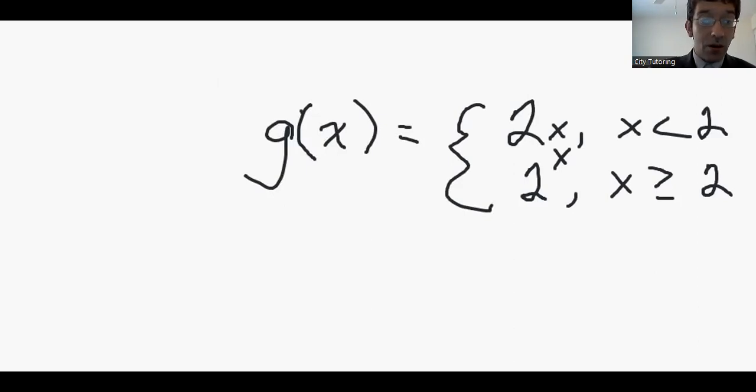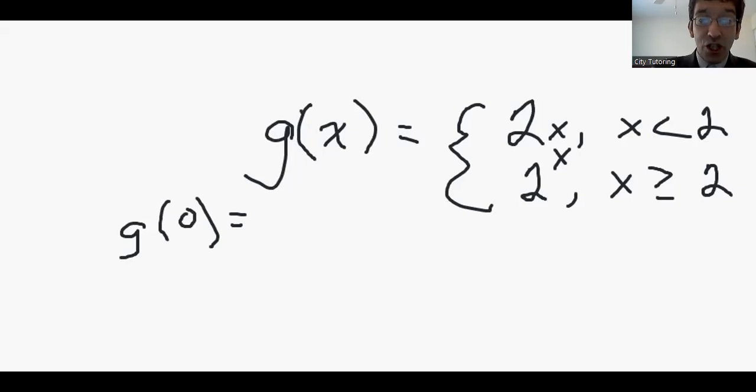First, let's compute some values. Let's say g of 0. Again, I'm assuming you've done functions before, with composition and all that. If you haven't, then you should not be watching this video. So this is g of 0. We're saying it's either less than 2, so 0 works, or greater than or equal to 2.